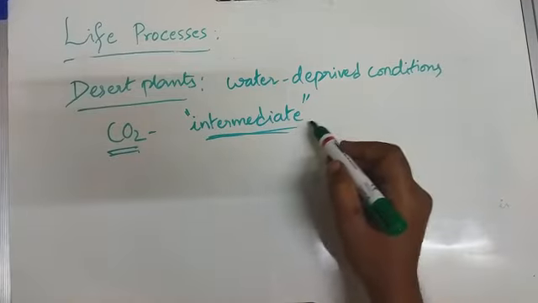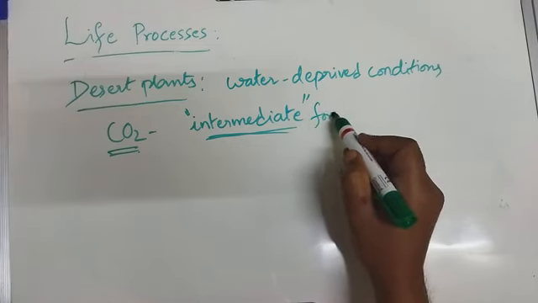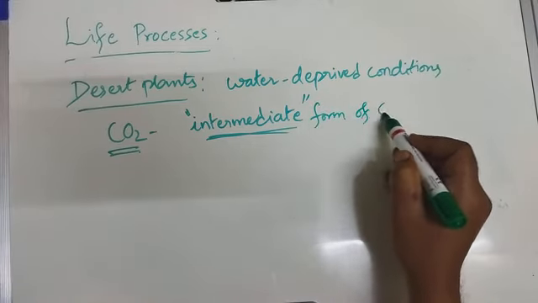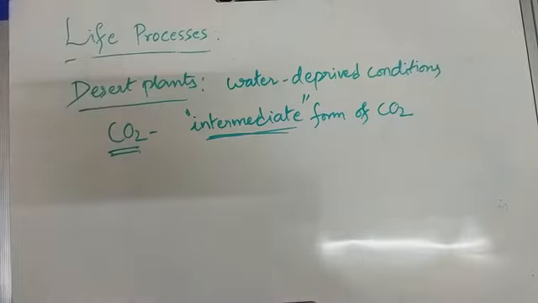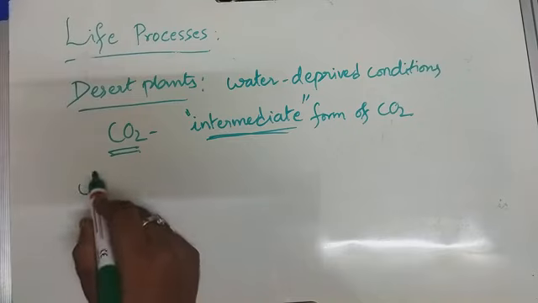And on this intermediate form of CO2, the light energy will act, and during the daytime photosynthesis is carried out. This is how photosynthesis is carried out in desert plants. Whatever it may be, light energy is captured by what? Chlorophyll.